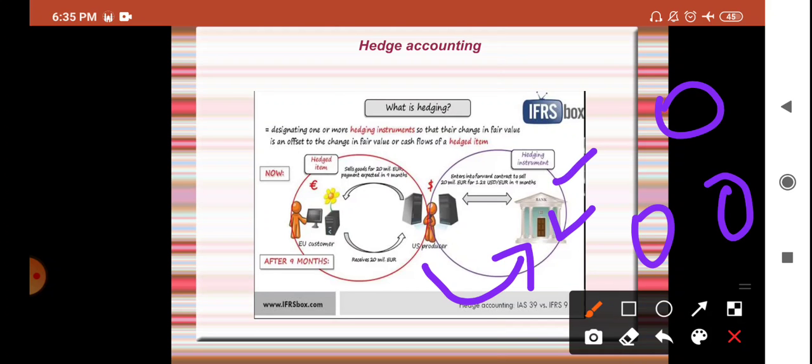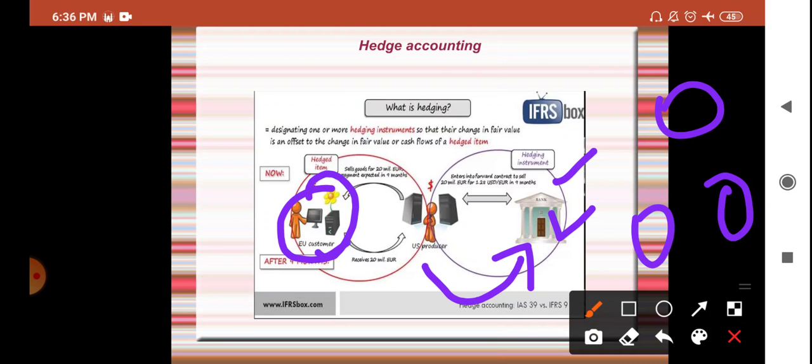So that the change in the fair value is offset. Offset means it is a kind of second option to save the things. So it is an offset to the change in the fair value or the cash flow of the hedge item. Here the price of the hedge item, that is the customer's product, the fair value, can be the price of the products or the cash flow.